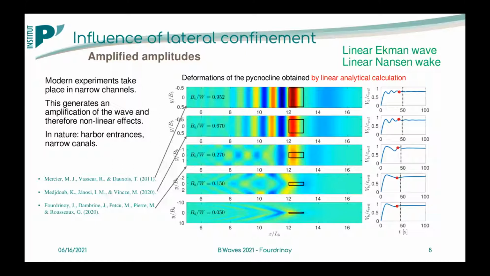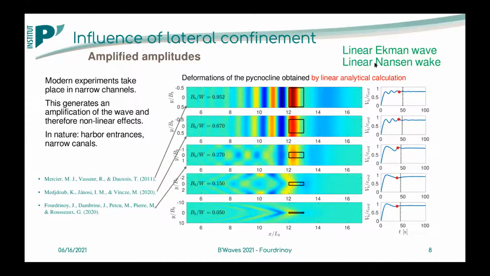We carried out numerical experiments for various parameters. The various laboratory experiments were carried out for a canal with a beam width ratio equal to 0.27. If we perform the same experiments, so the same stratification, in a narrower canal, the amplitude of the Ekman wave increases and the amplitude of the Nansen waves increases too.